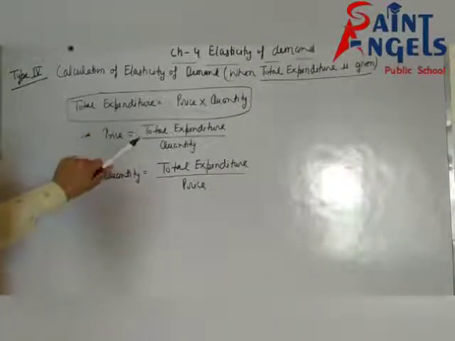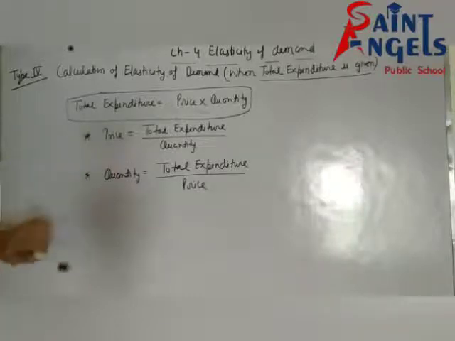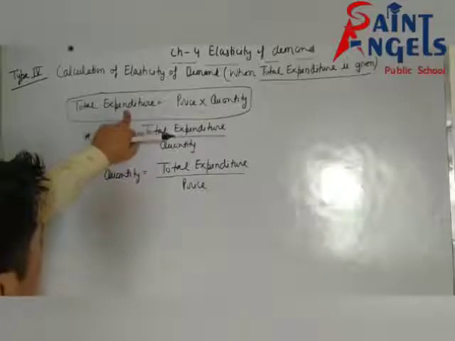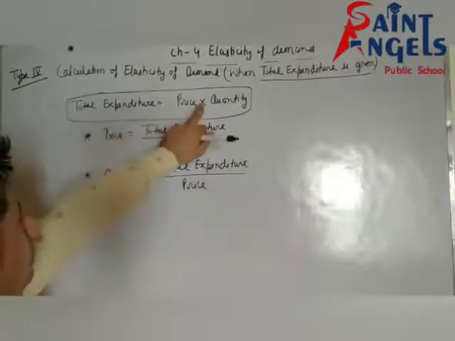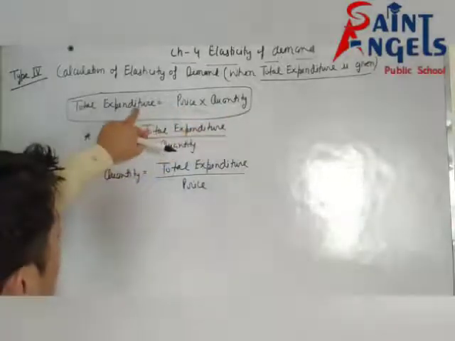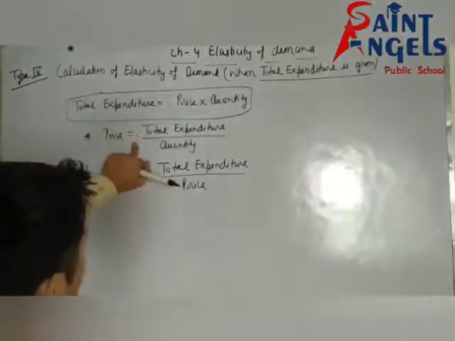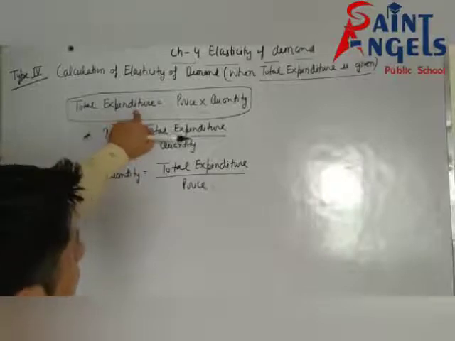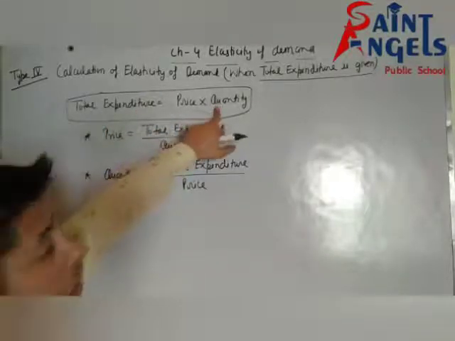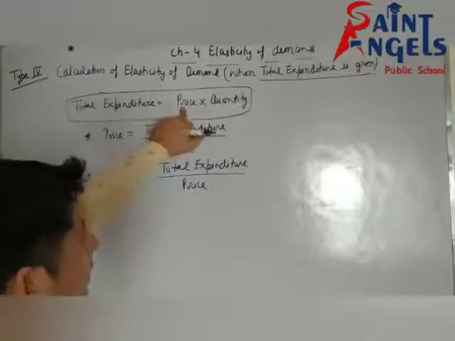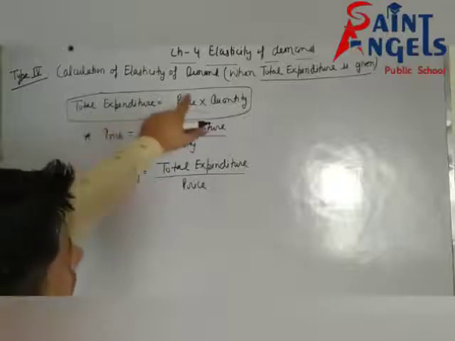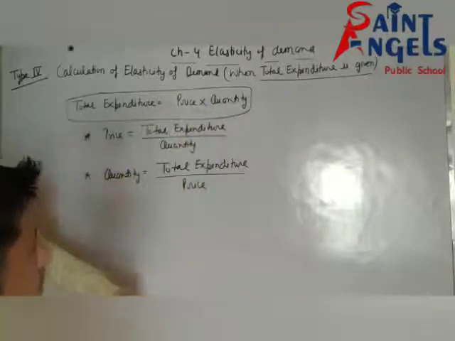Let's take a numerical example to understand. See, total expenditure is given and quantity is also given, but price is not given. Please try to understand this formula. You have to find price, because total expenditure is given and quantity is also given.